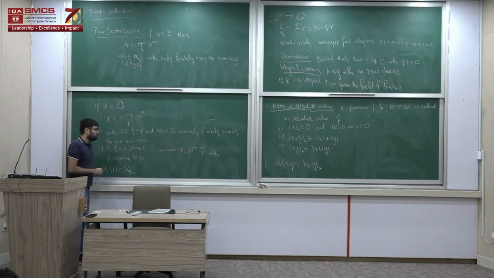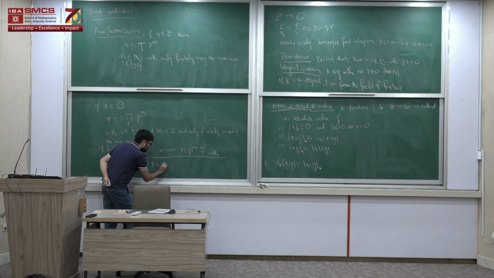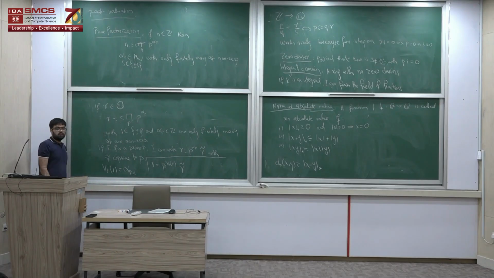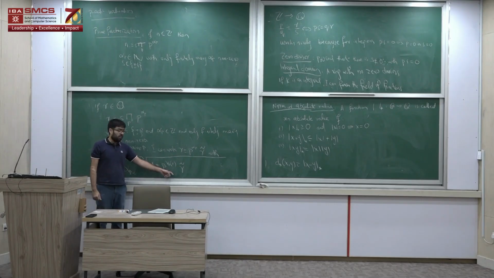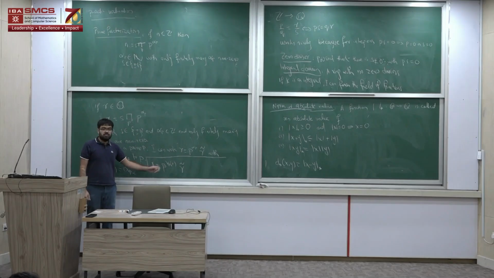So, once I have this definition, I can write r as p to the power V p of r, times r tilde. The maximum number of factors of p I can pull out, so that the rest has no factors of p, is this V p.